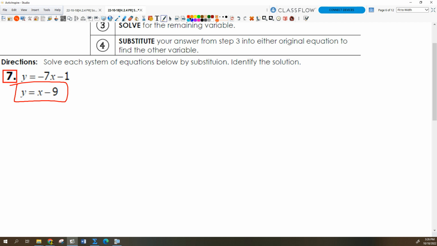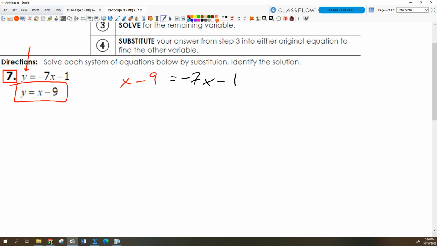So I solve for y in the bottom equation. I'm going to substitute that value of y into the top equation. So the top equation becomes then, what is equal to negative 7x minus 1? Y is, but y is being replaced by x minus 9. There you go.